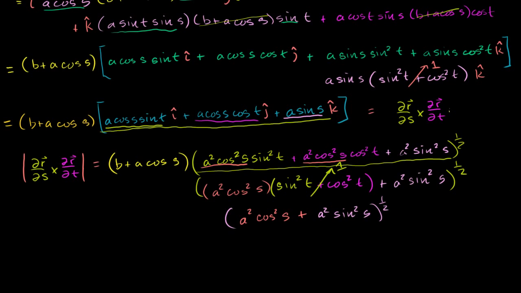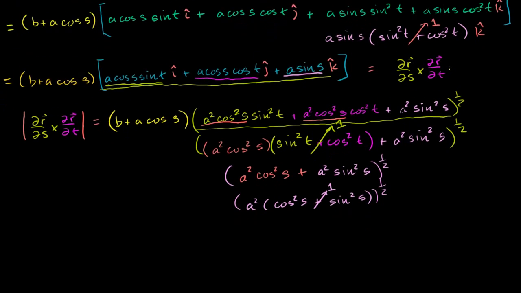This is equal to a squared times cosine squared of s plus sine squared of s, and all of that to the 1/2 power. I'm just focusing on this term right here. I'll write this in a second. But once again, cosine squared plus sine squared of anything is going to be equal to 1, as long as it's the same anything. So this term is a squared to the 1/2 power, or the square root of a squared, which is just going to be equal to a.